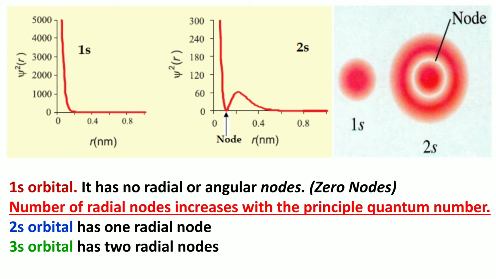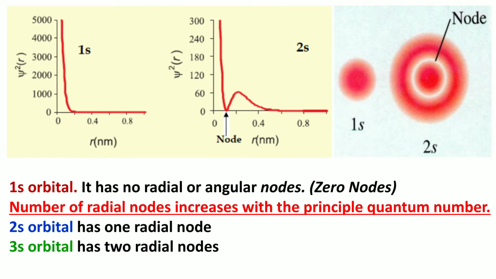For 1s orbital there are no radial nodes, because using the formula n minus 1, the value of n is 1 for the 1s orbital, and 1 minus 1 gives 0. So there are 0 radial nodes and 0 angular nodes in the case of 1s orbital.